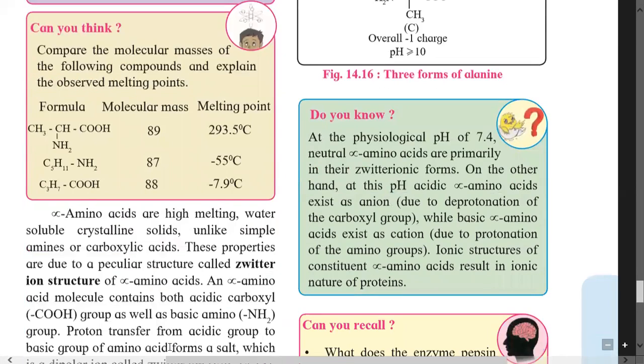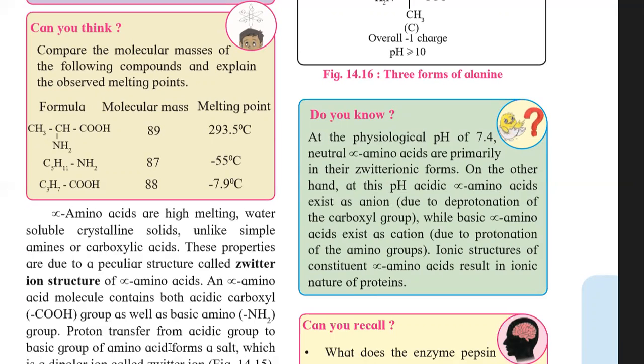Then alpha amino acids have high melting point. They are water soluble crystalline solids, unlike simple amines or carboxylic acids. Simple amines and simple carboxylic acids do not have these physical properties like high melting point and solubility in water.